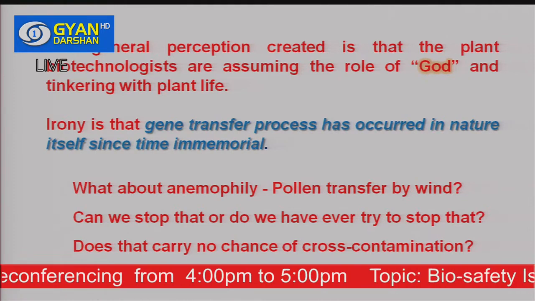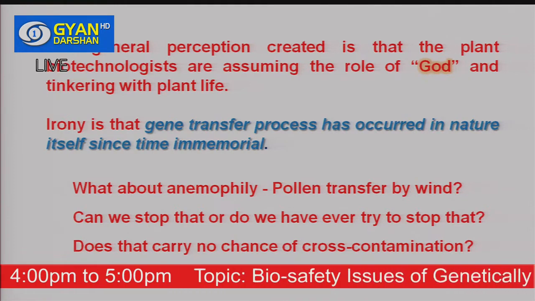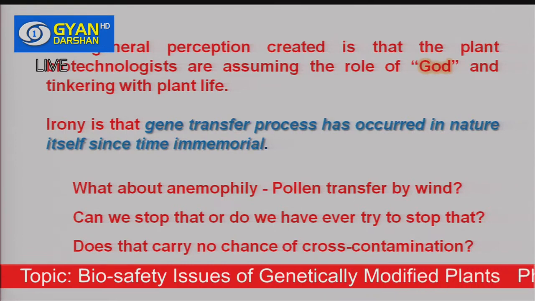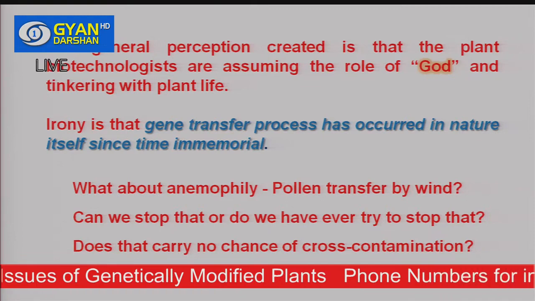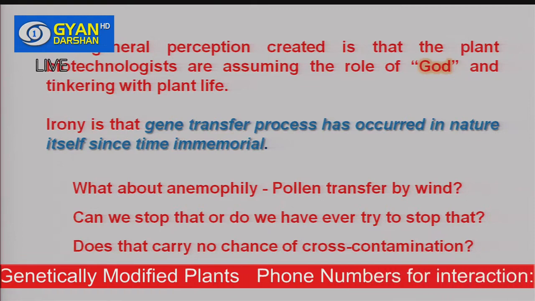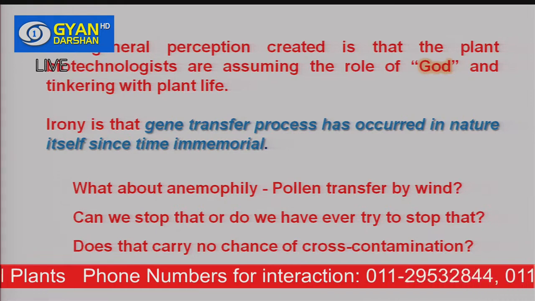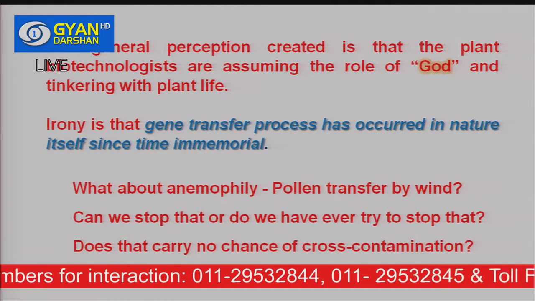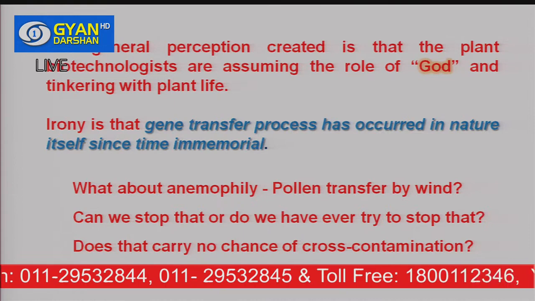Pollination is a way by which gene transfer is occurring in nature. So nature is doing that. We humans are not the only ones doing that. Nature is doing that herself. Do we ever try to stop that? Does that carry no chance of cross-contamination? This is point number one. So we don't play the major role. It is nature which is playing the major role.